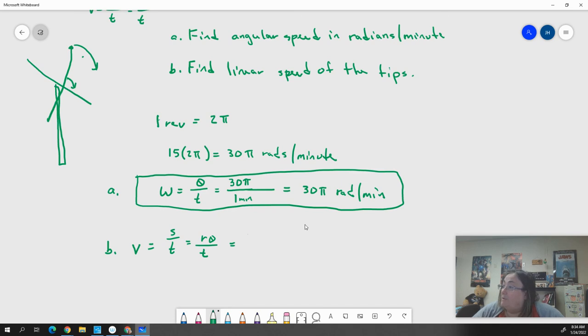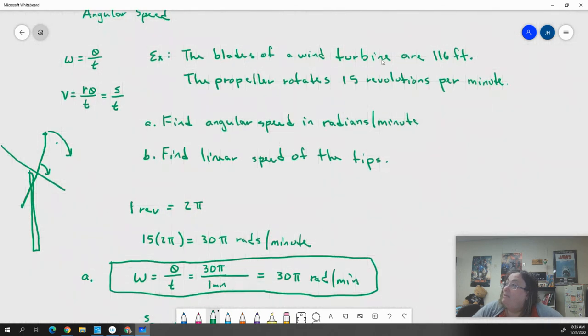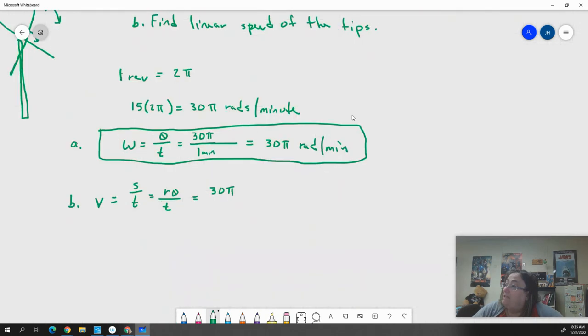We already determined that. Do we know our radius? Heck yeah, we do. It tells us right here the blade of a wind turbine is 116 feet.